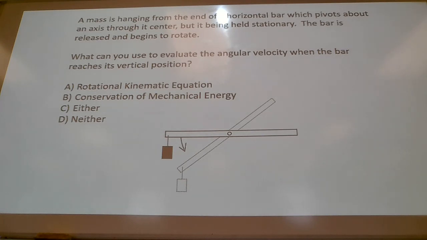Well, yes, but you need gravity to be... Yeah, it's not constant. Correct answer is B. Can you use A? No. Why not? The angular acceleration is not constant. Kinematic equations fall apart. Acceleration changes. Make sure you know that.